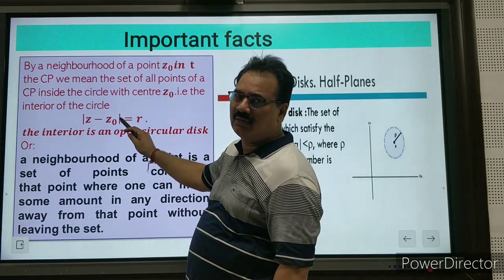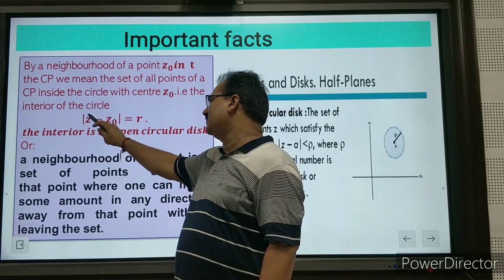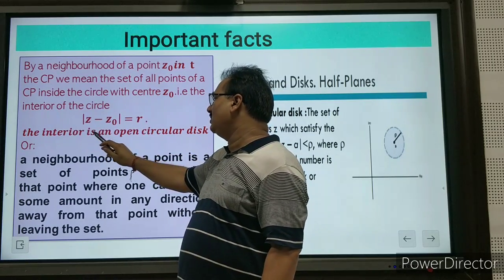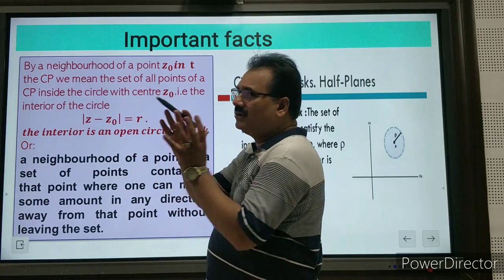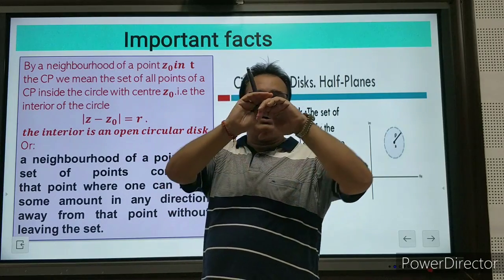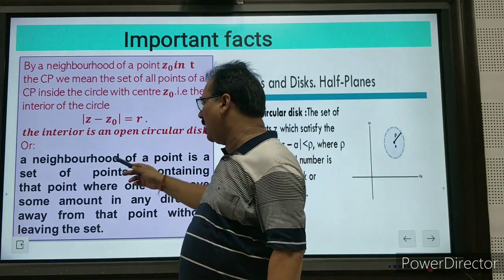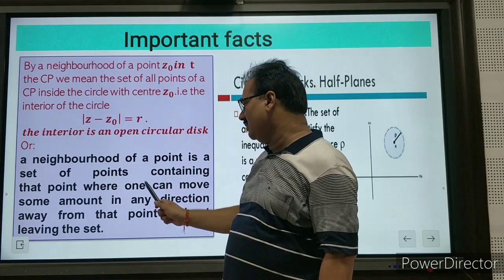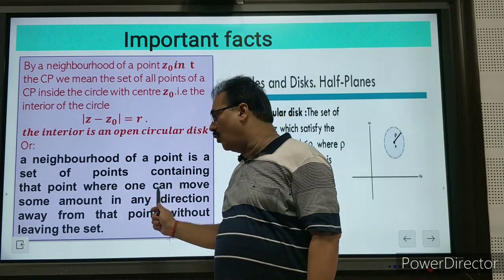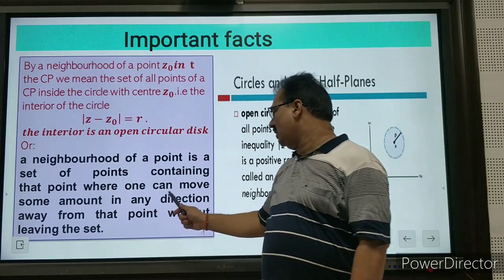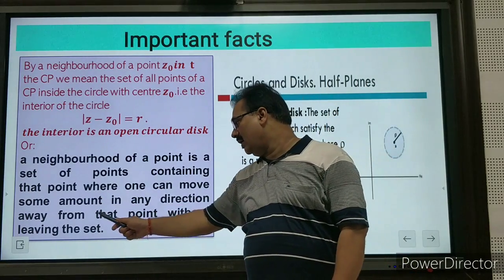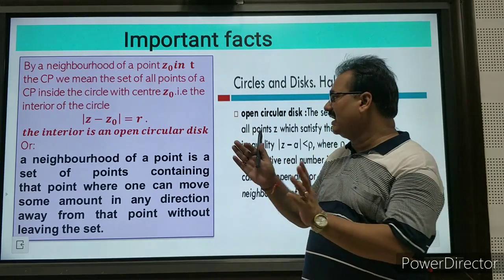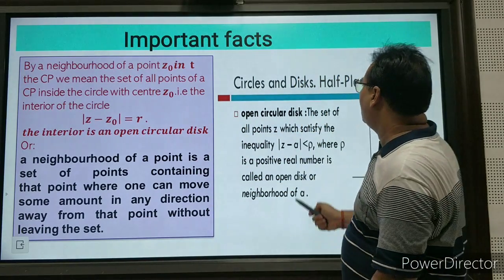Mathematically, the circle can be represented as |z - z0| = r. The interior is an open circular disk. A neighborhood of a point is a set of points containing the point, where one can move some amount in any direction away from that point without leaving the set. This is also the definition of neighborhood.